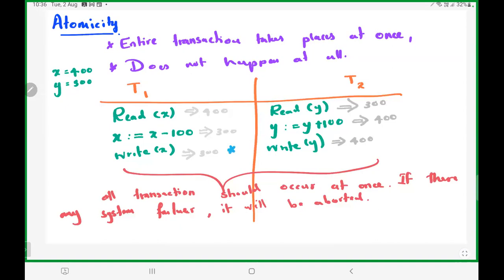Then T2 will not occur. Then they will reduce the 100 rupees in here. මෙයාලා රුපියල් 100ක් මෙතනින් අඩු කරලා තියෙන්නේ. If something happens before Y plus 100 occurs, then the transaction will be aborted. Transaction will be aborted, right?